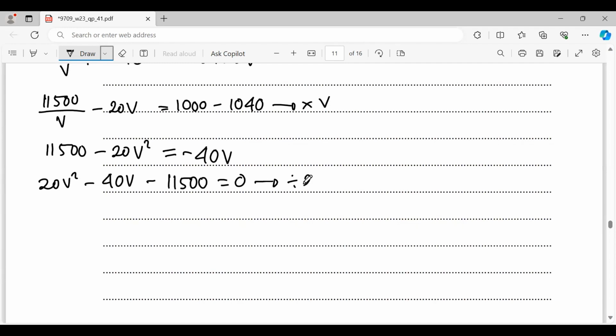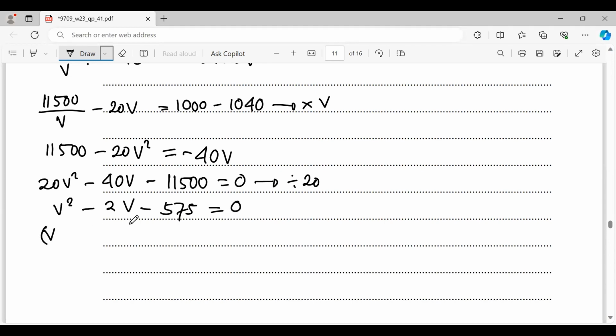Divided by 20, it becomes V squared minus 2V minus 575 equals 0.